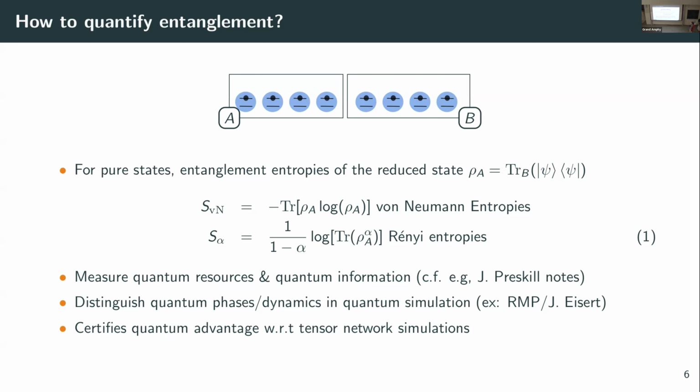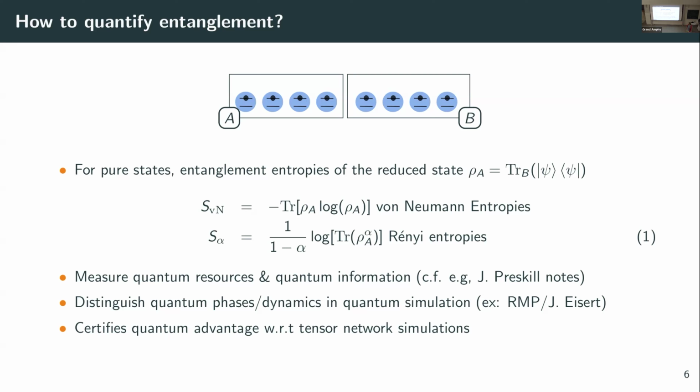So what does it tell us about entanglement? In quantum information theory, you can show that this is the right quantity to see how much resource you can exploit to, if you want, distill Bell pairs and so on. Maybe more importantly for this workshop, in quantum simulation, you can quantify entanglement and distinguish different quantum phases based on scaling relations within entanglement entropy.